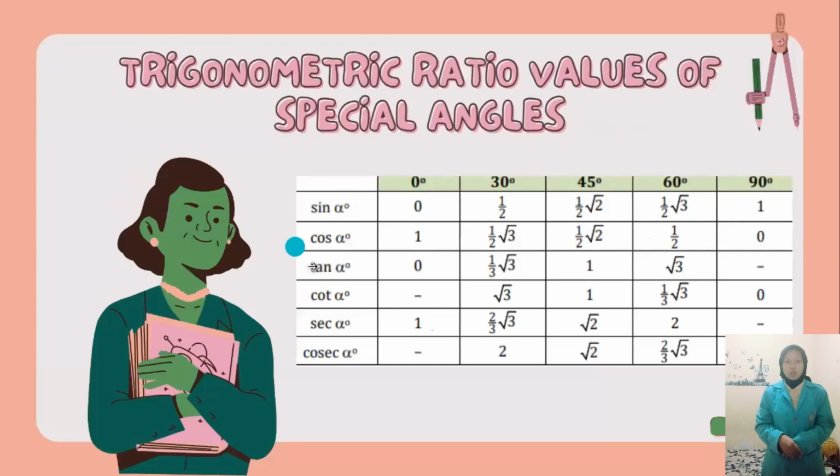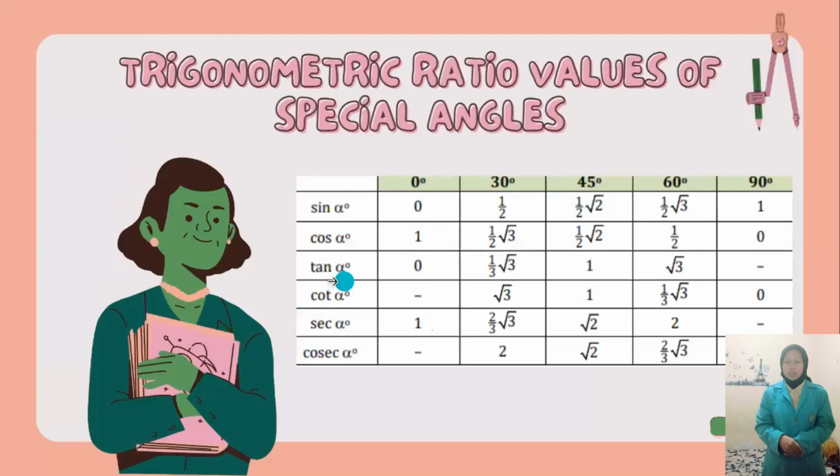Next, cos 0 is 1, cos 30 is a half square root 3, and then cos 45 is a half square root 2, and cos 60 is a half, and then cos 90 is 0.